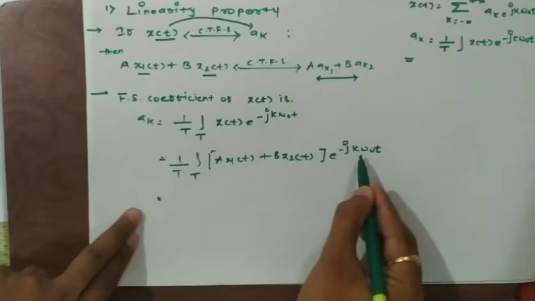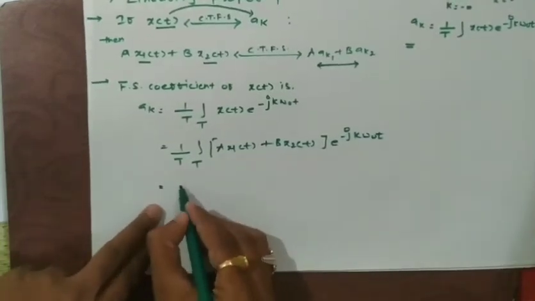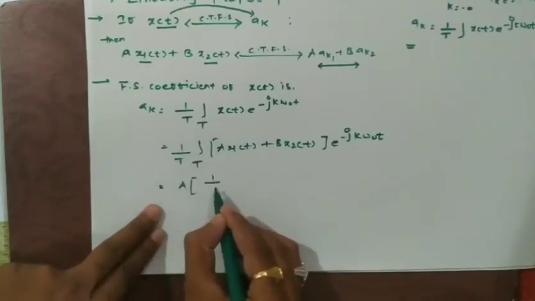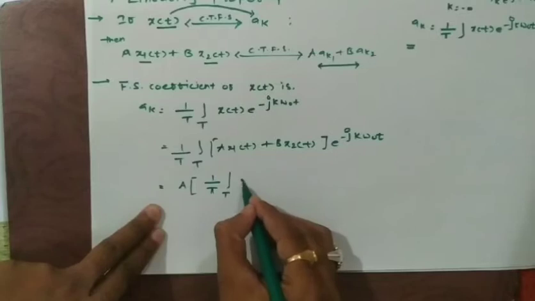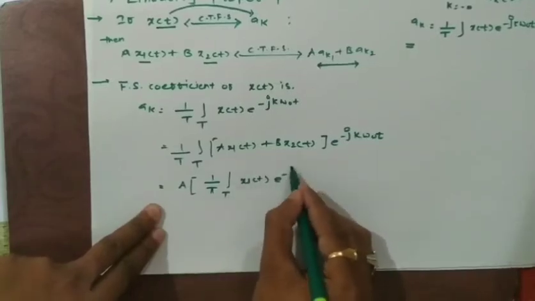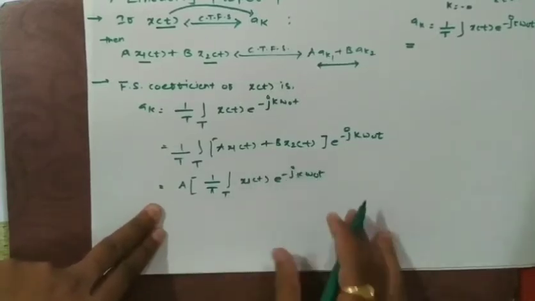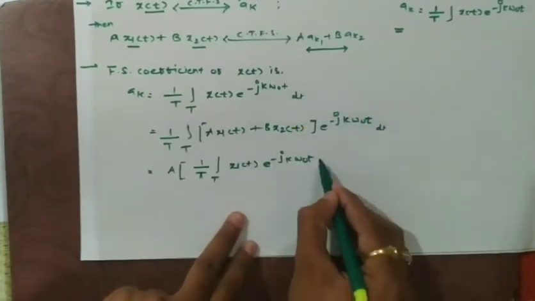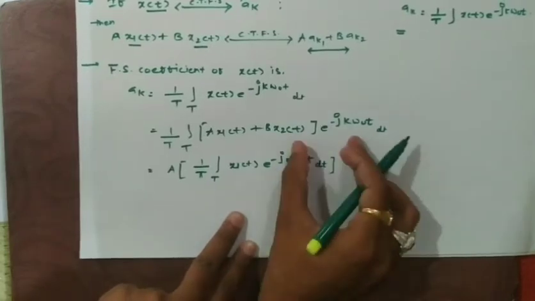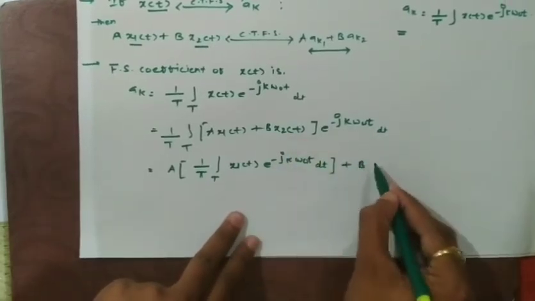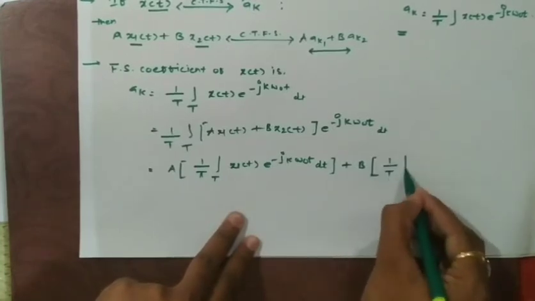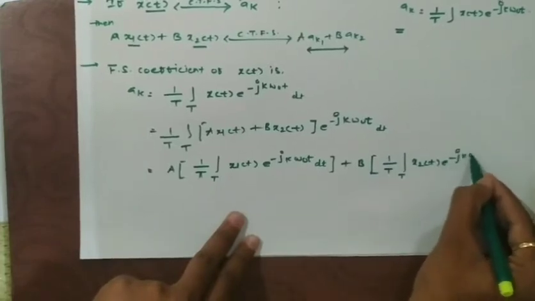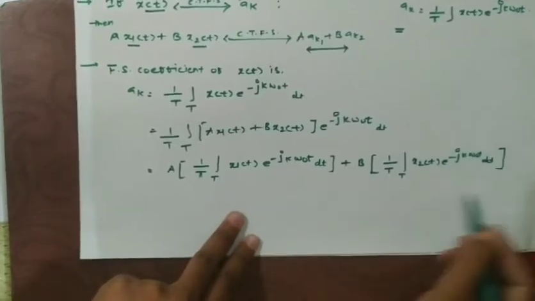I can multiply each individual term with the exponential term, so this becomes a as it is into 1 by T integration x1(t) with the exponential term, this one dt. Similarly this term is b into 1 upon T integration, this is x2(t) into the exponential with its dt.